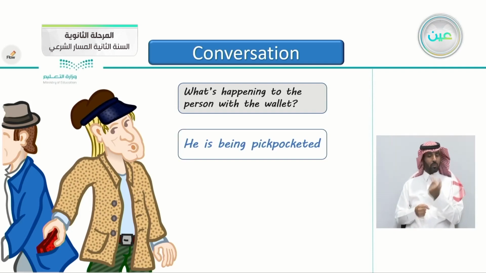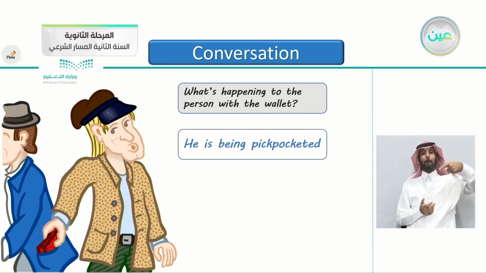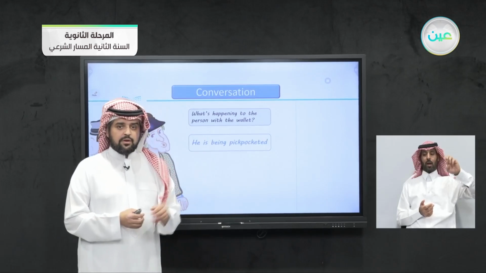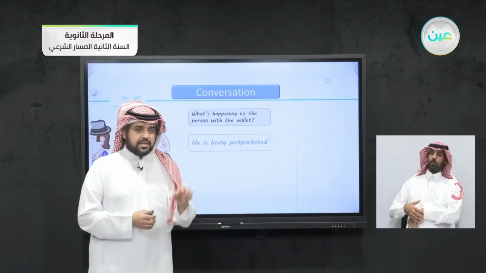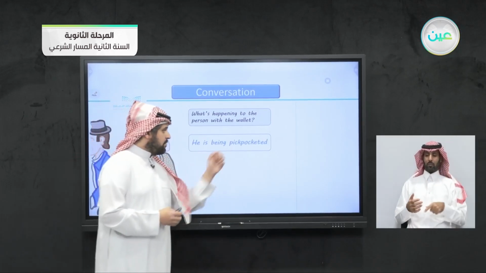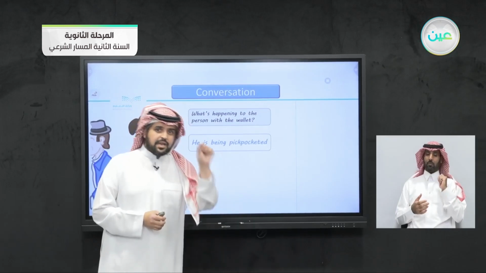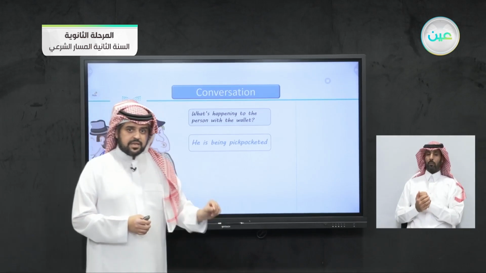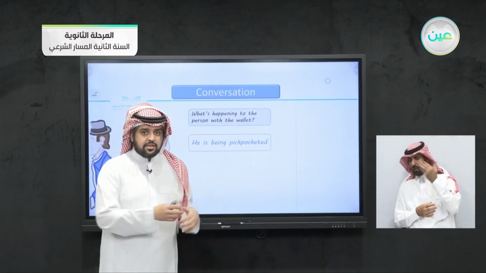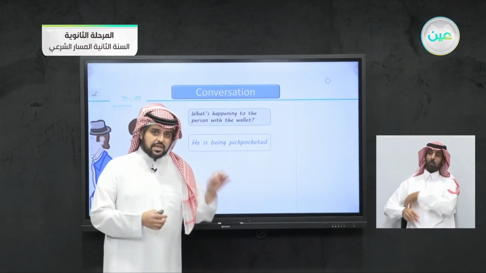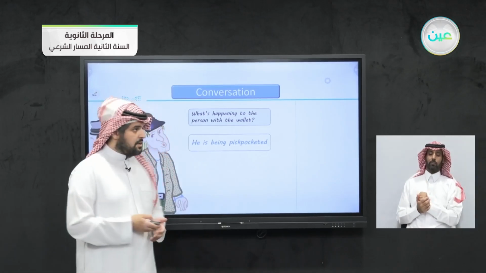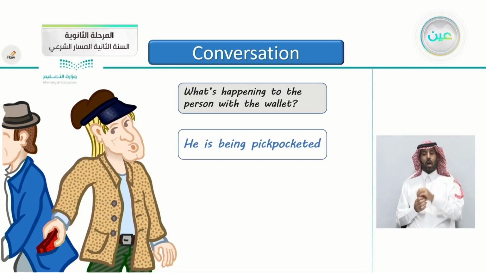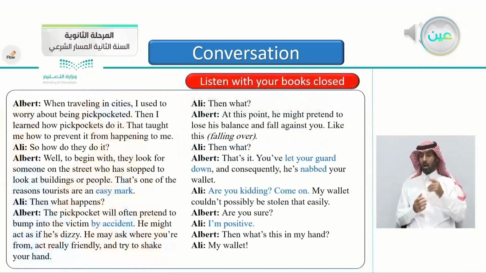What does it mean to be pickpocketed? To pickpocket is to take a wallet or anything from someone's pocket, without them feeling it or knowing it. To steal something from someone's pocket. So you can say the man with the blue jacket is being pickpocketed.